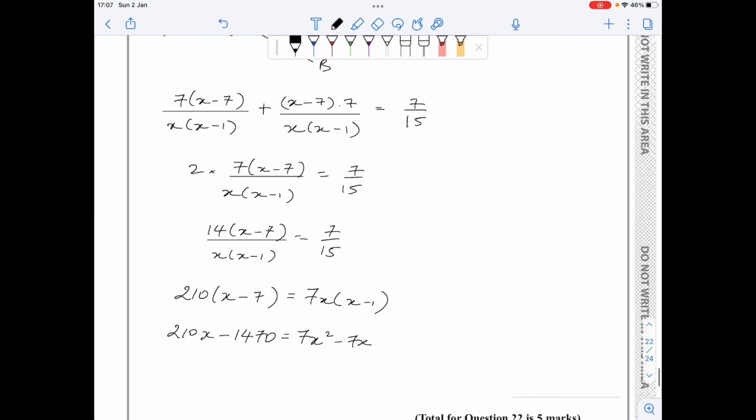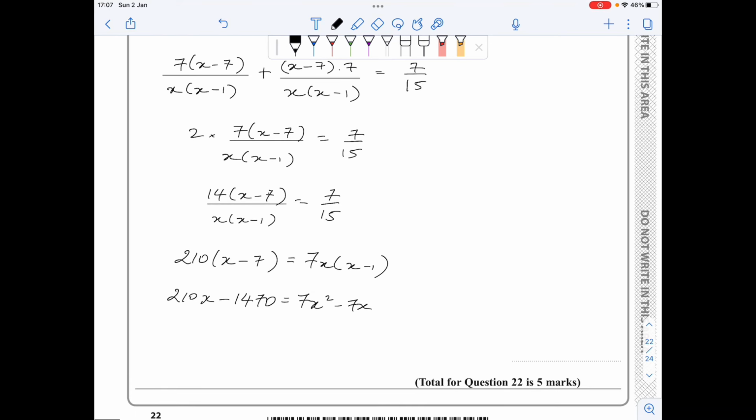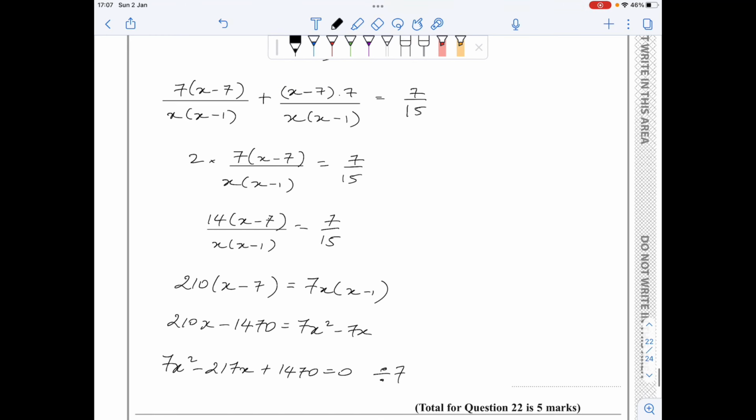Let's take everything to one side. So 7x squared minus 217x plus 1470 is equal to 0. I can divide this by 7. Let's continue on the side. And this will give me x squared minus 31x plus 210 is equal to 0.